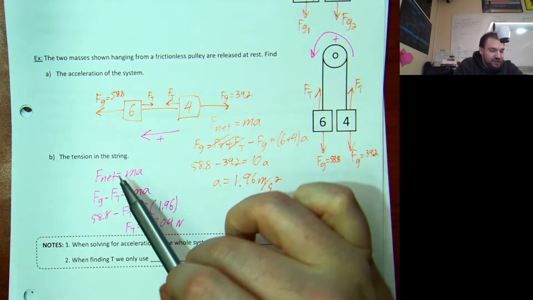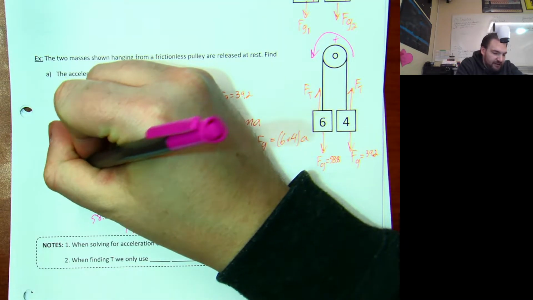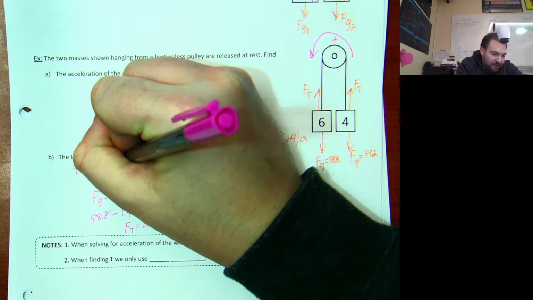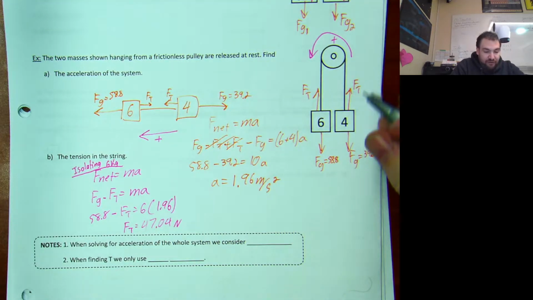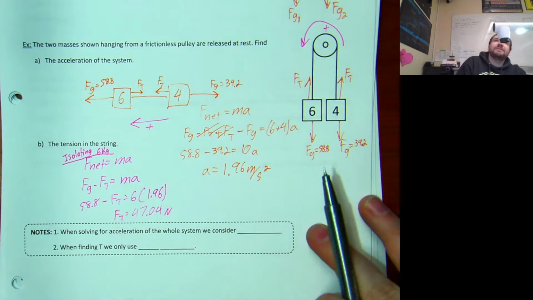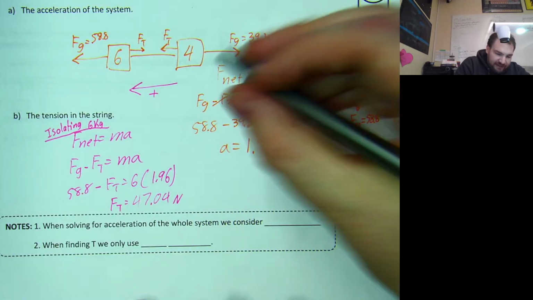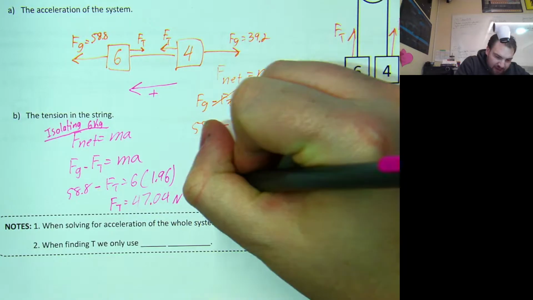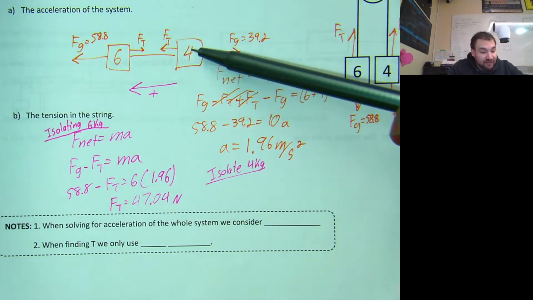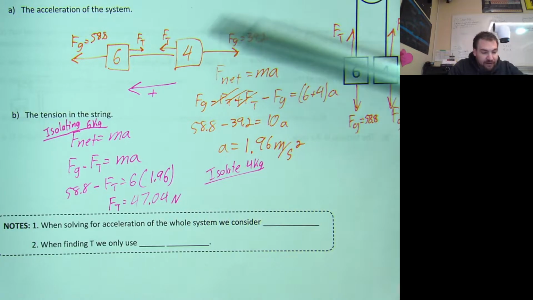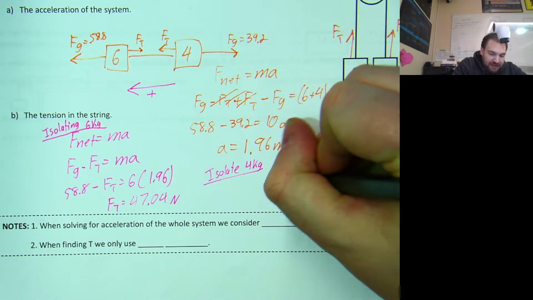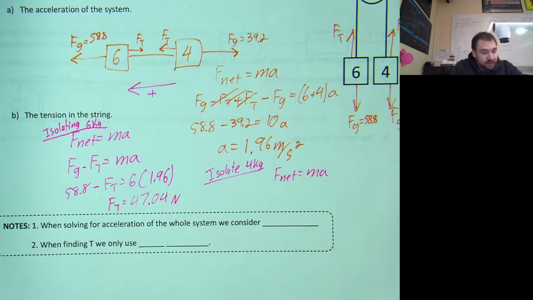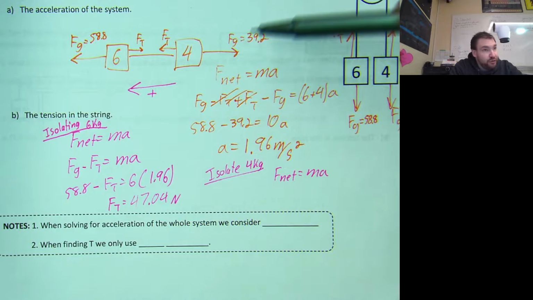So for the tension in the string, we isolated the 6 kilogram block. Let's do it over here at the bottom where I've got a little space. Let's isolate the 4 kilogram block. Again, we're starting with F net. What are the forces acting on that block? There's going to be an FG. No, there is no normal force.